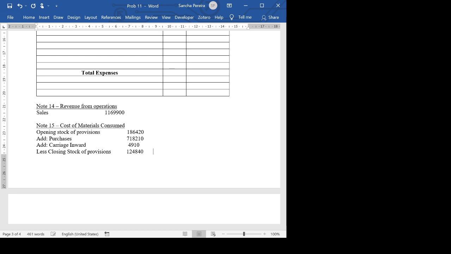Put together, 186,420 plus 718,210 plus 4,910 minus 124,840 comes to 7,84,700.